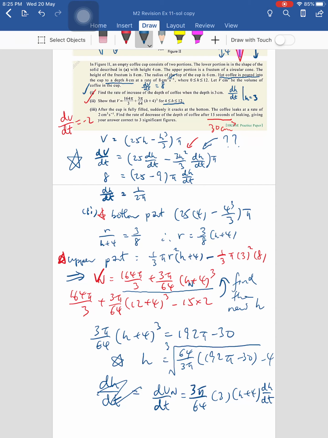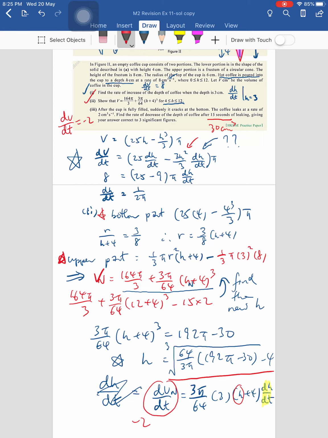You're going to find out dh dt, and you know that h is this one. Dual dv dt, dv dt is minus 2.